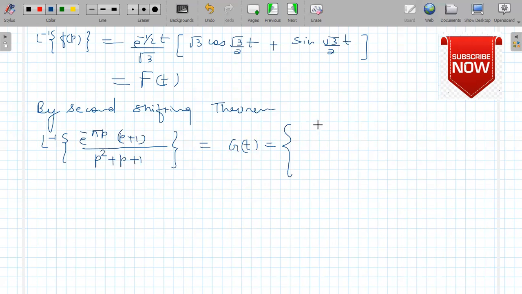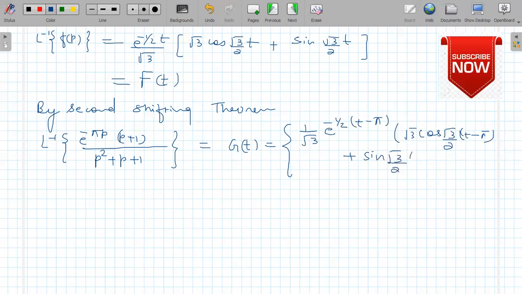So we replace t by t minus pi everywhere, so that we get 1 upon root 3 e raised to the power minus half (t minus pi), root 3 cos root 3 by 2 (t minus pi) plus sine root 3 by 2 (t minus pi), for t greater than pi and 0 for t less than pi.